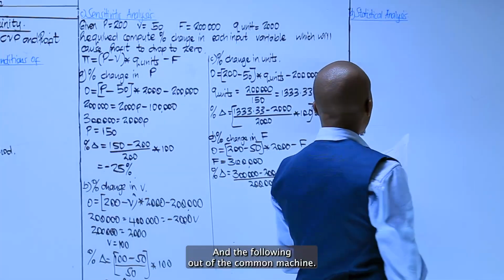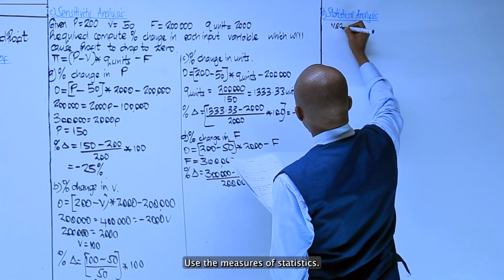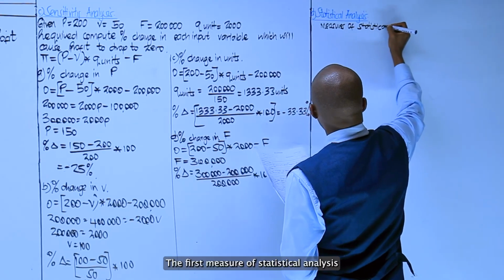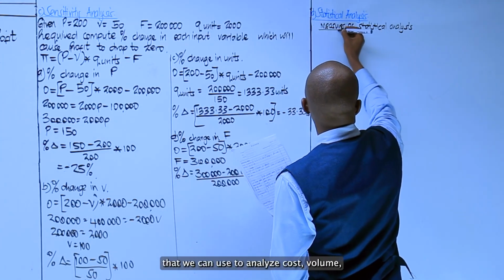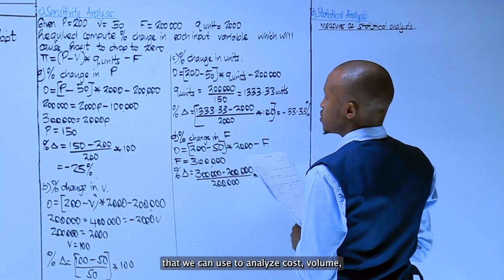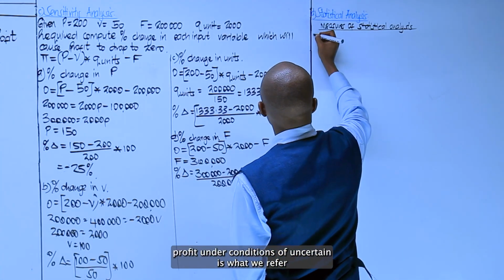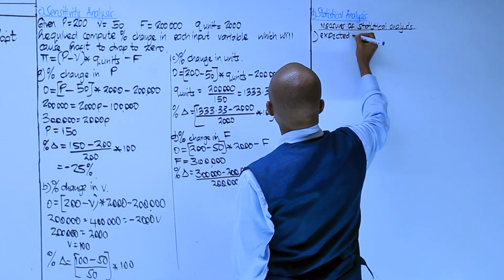And the following are the common measures used. The first measure of statistical analysis that we could use to analyze cost volume profit under conditions of uncertainty is what we refer to as expected value.